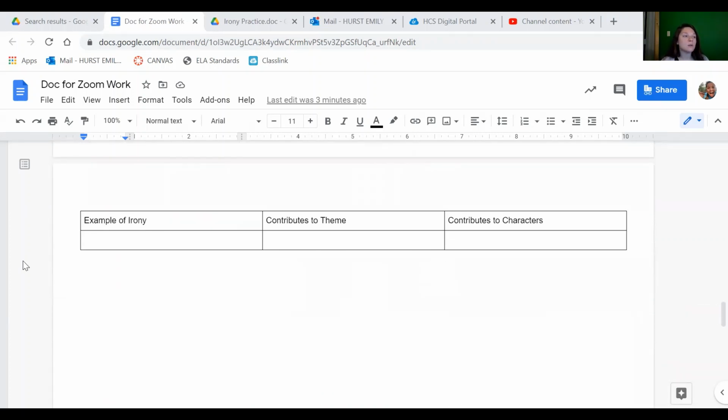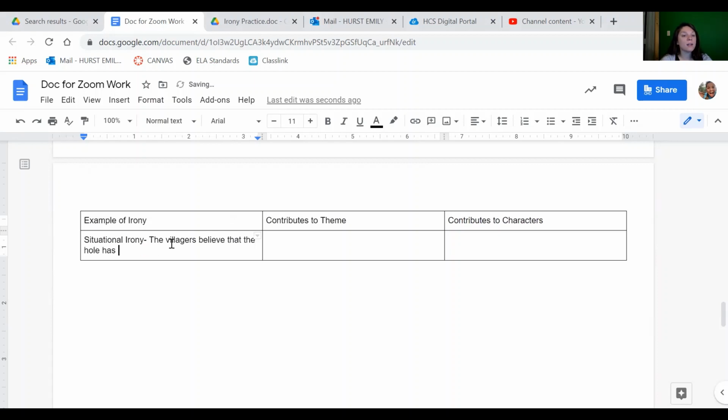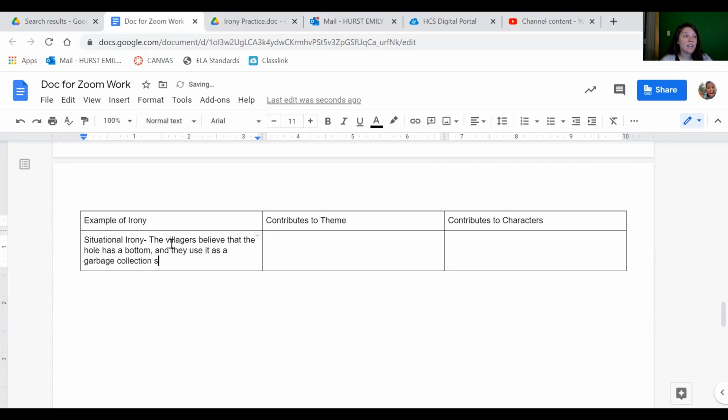So what we're going to do is think about, overall, what kind of irony do you see in this story, and how does it contribute to theme or characters or both? Overall in this story, I think we have some situational irony. The villagers believe that the hole has a bottom and they use it as a garbage collection site.